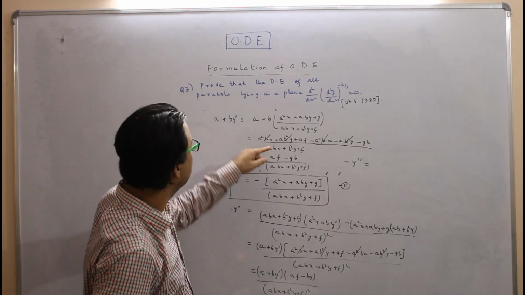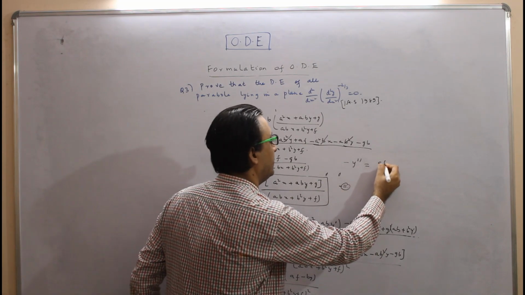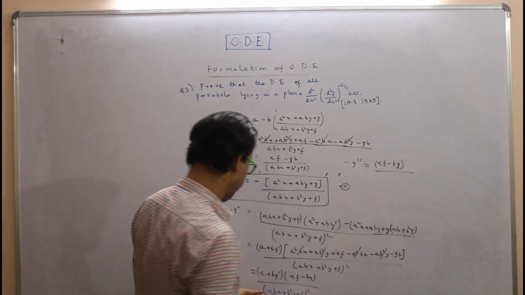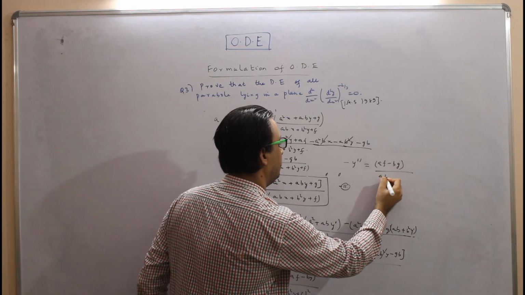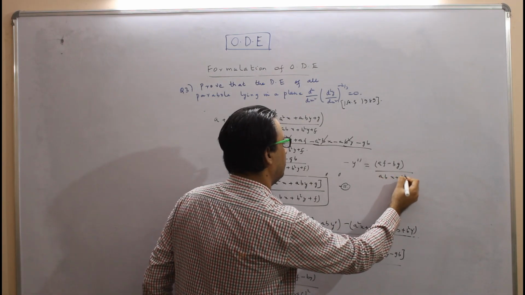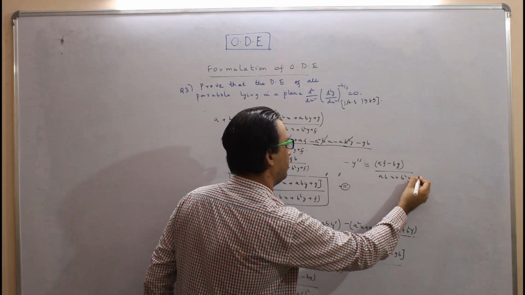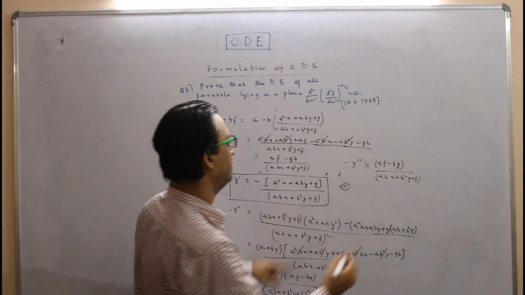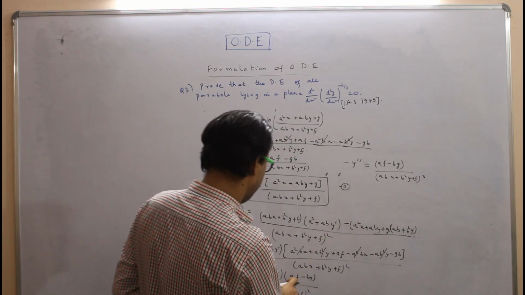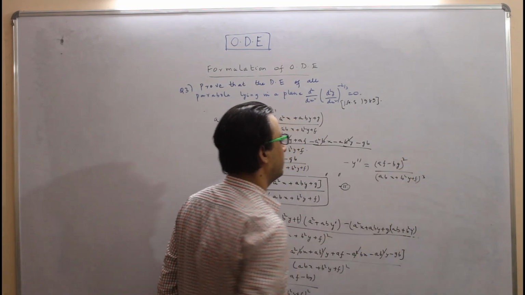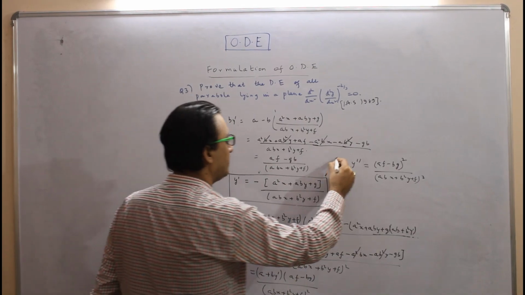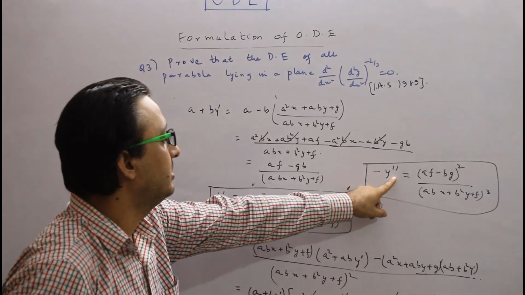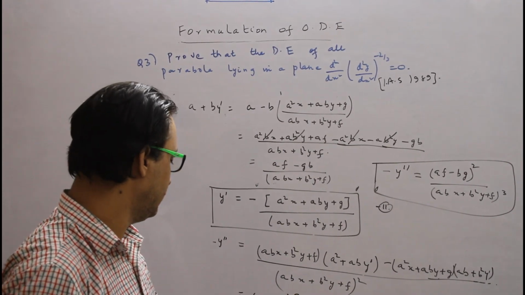Its value is (af - bg) into (abx + b²y + f). This is whole square and this is one term, so this becomes cube, and here also we are having one, so this is the square. Alright, so we have got our minus of y'' over here.